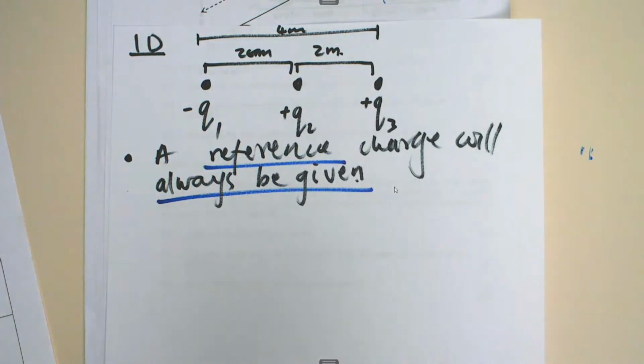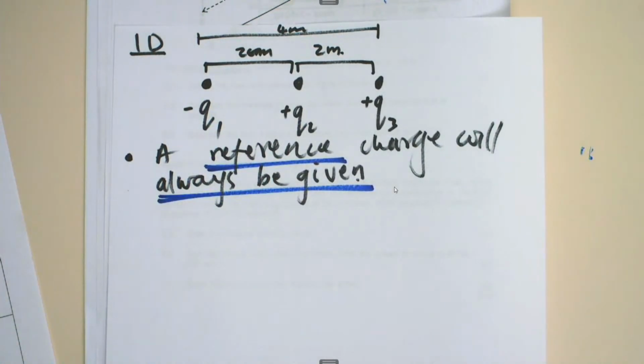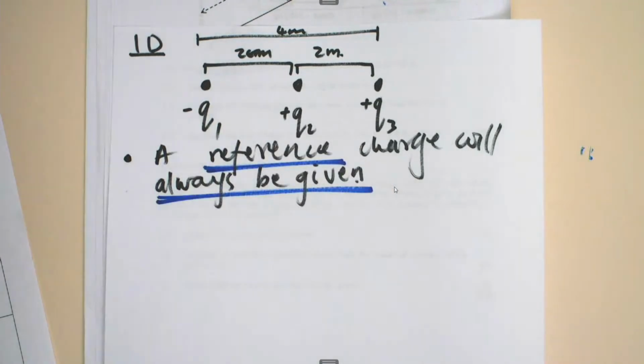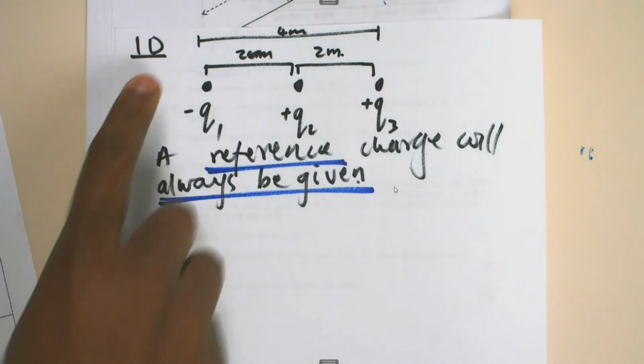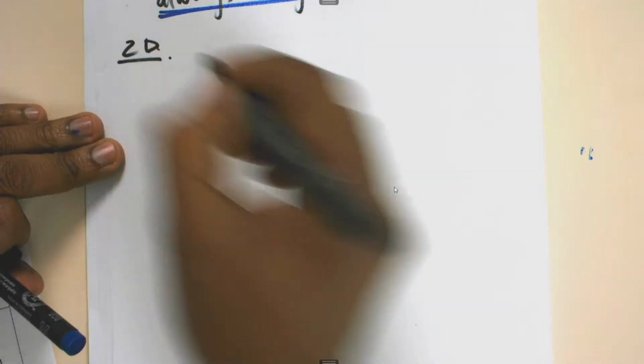A reference charge will always be given, and even if we draw our free body diagrams in this section, a reference charge will be given. That is when I am working with a 1D problem. But what happens in a situation where I am working with a 2D?